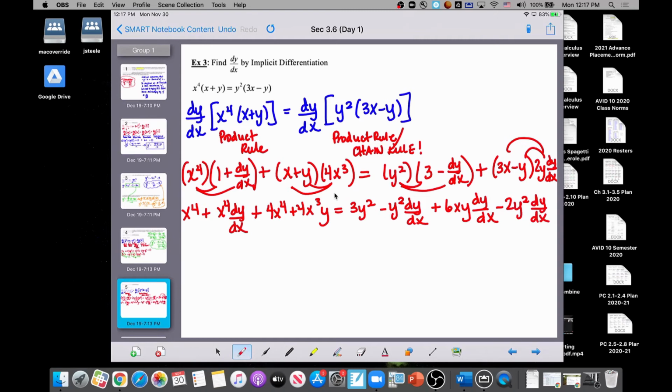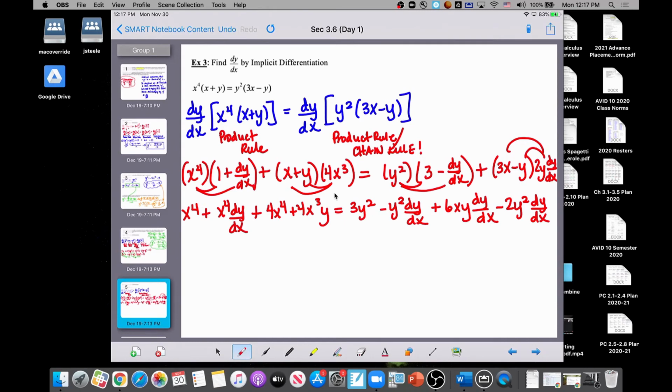All right, so in this problem, I have chosen to use the dy dx notation. And so I would like to solve for dy dx, which means that I want to put all of my terms that contain dy dx on the same side of the equal sign. And I want to put anything that does not contain dy dx on the other side of the equal sign.